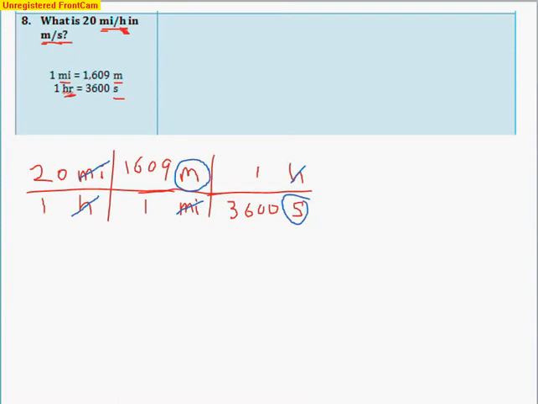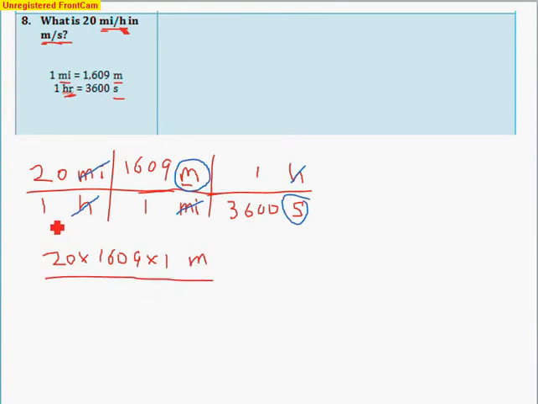Alright, now let's start multiplying things upstairs and downstairs. Upstairs we have 20 times 1609 times 1. What unit do we have? We have the meter.